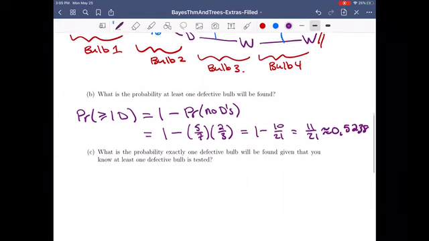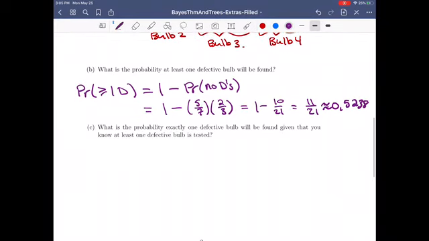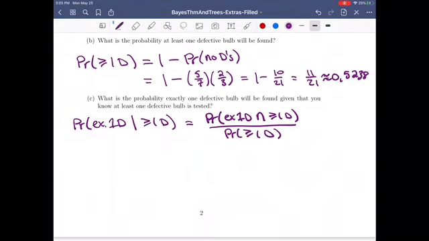Now, what is the probability exactly 1 defective bulb will be found, given that you know at least 1 is defective? So here we want the probability exactly 1 D, given at least 1 D. So again, I use the conditional formula. So exactly 1 D and at least 1 D over the probability of at least 1 defective, which we just computed.